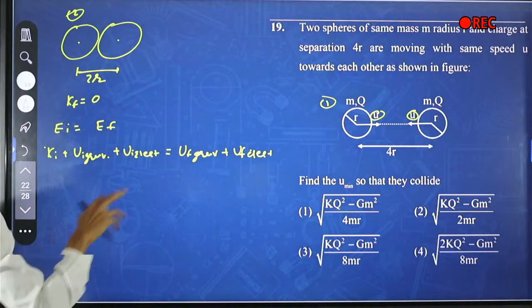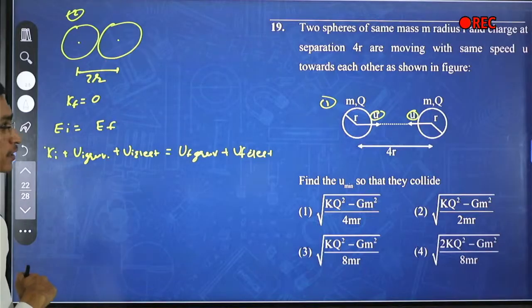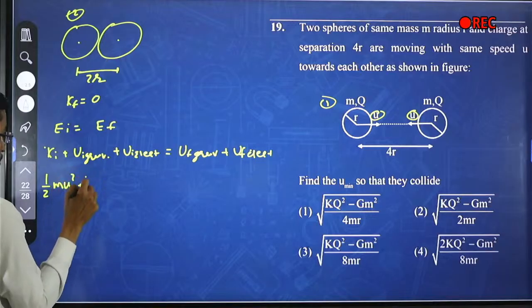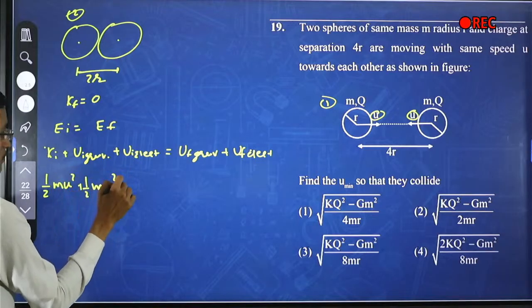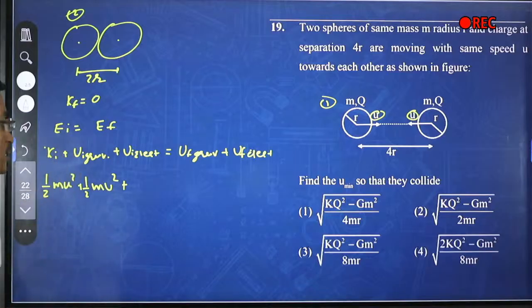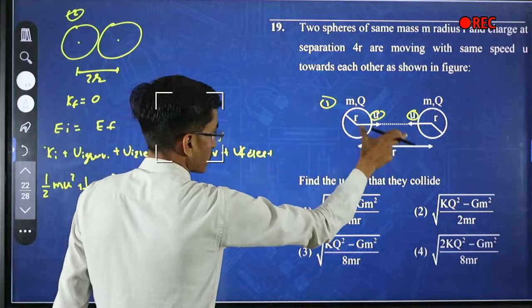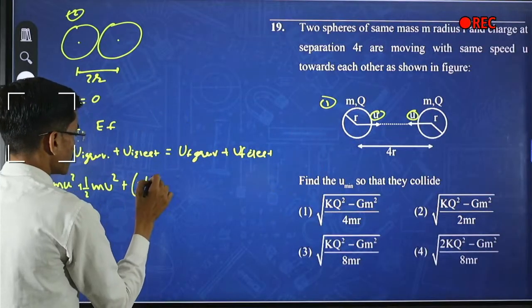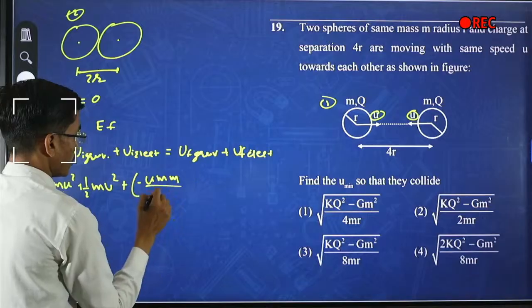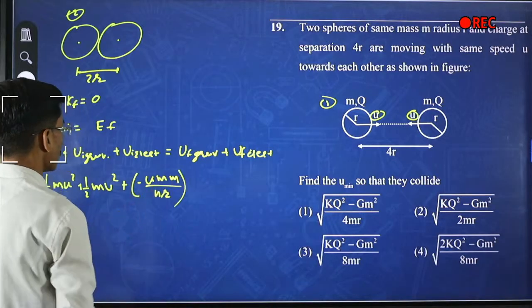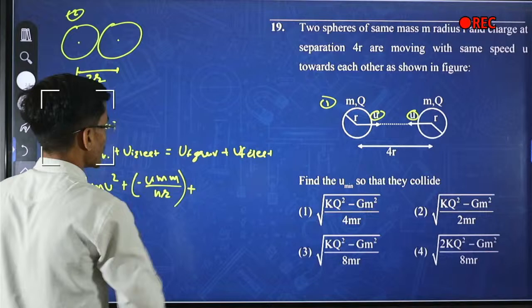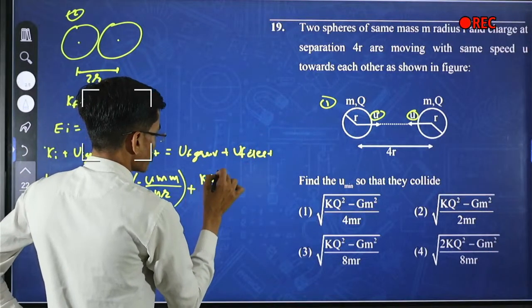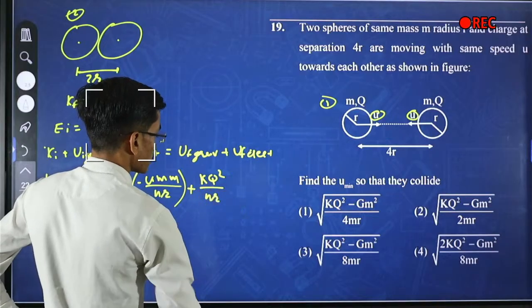So K initial: both have the same mass and the same velocity, so we can say half m u square plus half m u square. For gravitational energy, the distance between both is 4r and the mass is m, so we can write minus G m square upon 4r. Plus the electrostatic potential: both have charge q, so we can write k q square upon 4r.